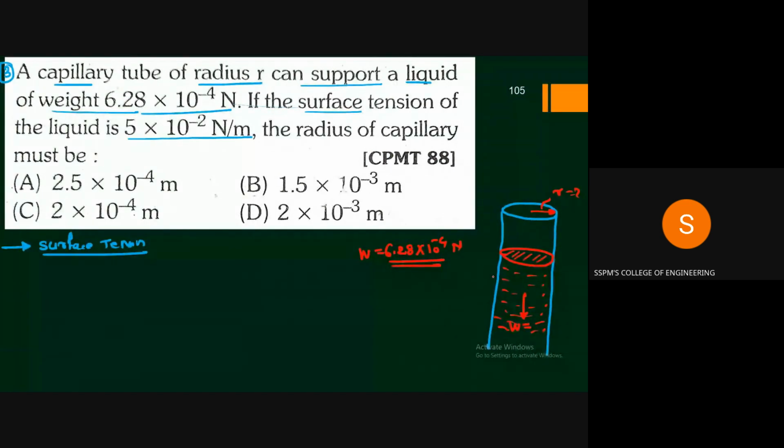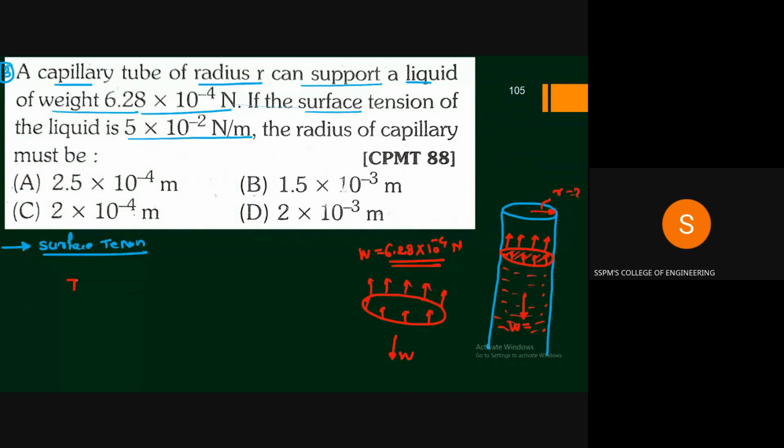Here the complete weight of the liquid is supported by the surface tension, and this surface tension force will act on the circumference like this. If you consider this as one ring, this is the force due to surface tension acting on the circumference. This force will support the weight.